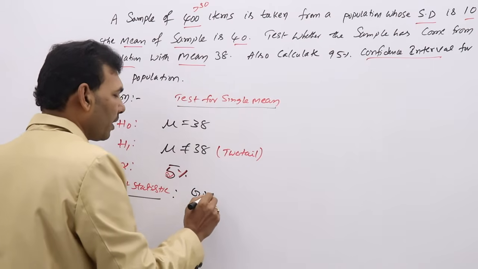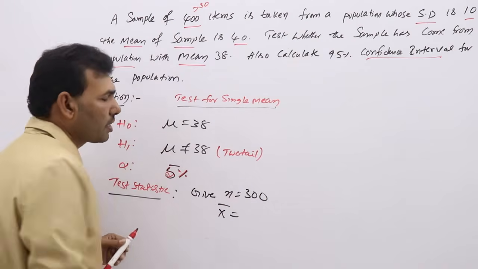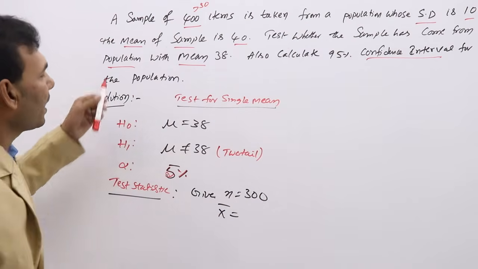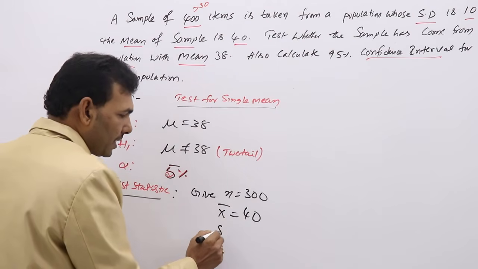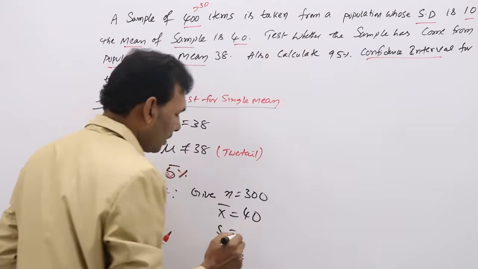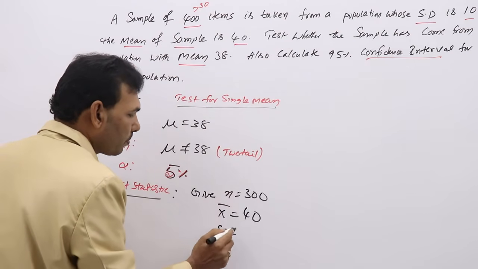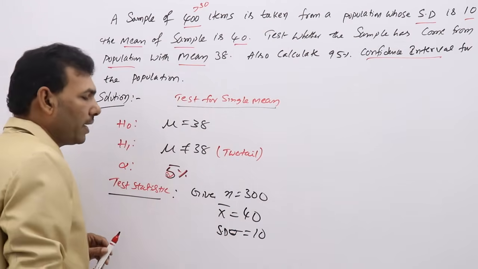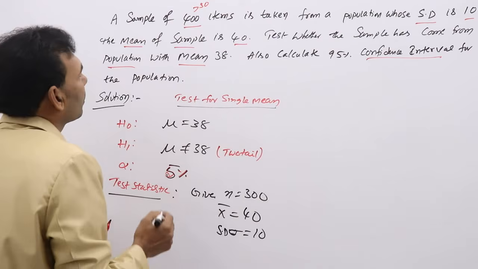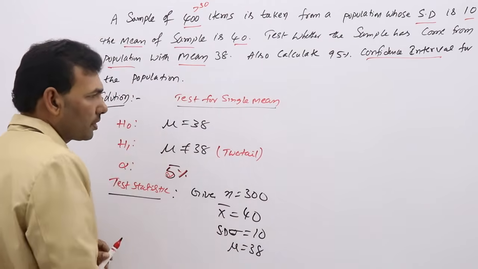First write the given data: n is 300, X bar, the sample mean, is 40, SD is 10, and mu is 38.